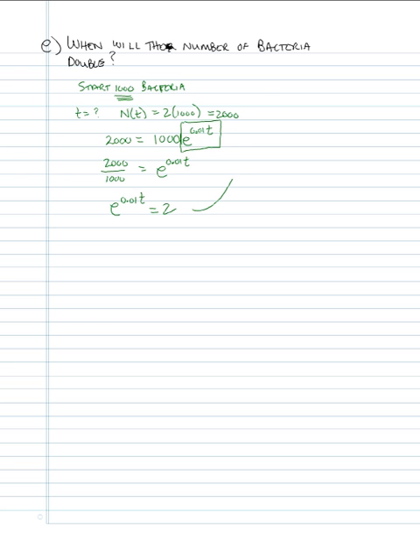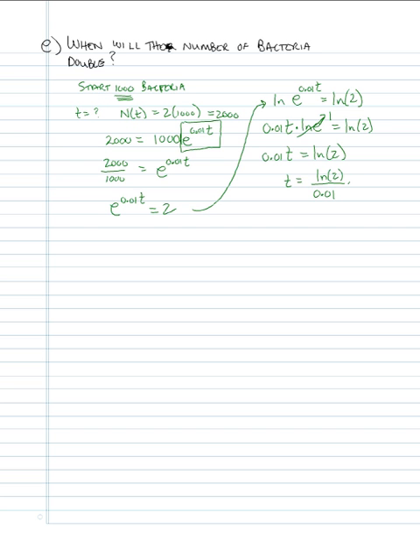And so, as we did before, what we would do is take the natural log of both sides. Okay? And that will allow us to bring that exponent down as a factor, and we'll have 0.01 t times the natural log of e alone is equal to the natural log of 2, of course. Well, the natural log of e is 1 once again, so we have 0.01 times t is equal to the natural log of 2, and to solve for t then, we divide on both sides by the decimal 0.01.